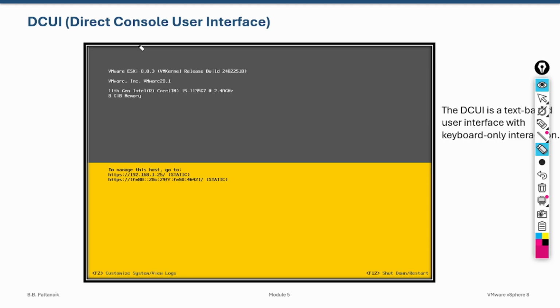When we install ESXi on a physical server, DCUI is one of the primary ways to perform initial configuration directly on the host. It is usually accessed directly at the physical server or through a remote management console like iLO or DRAC. DRAC is a remote management tool from Dell, and iLO is from HP.